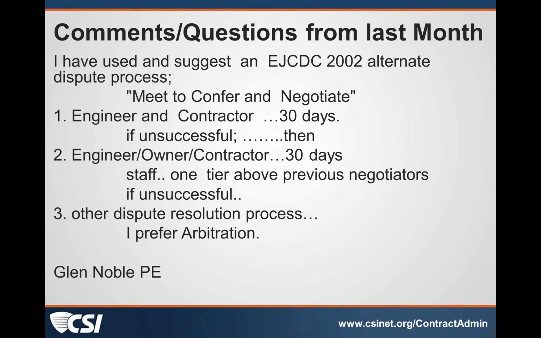The mediator does not decide who's right or wrong. He's not making a decision or giving an opinion as to which side's argument carries more weight. He's simply there to try to help the parties resolve the dispute among themselves. So he's a facilitator to facilitate communication and discussion between the two parties.